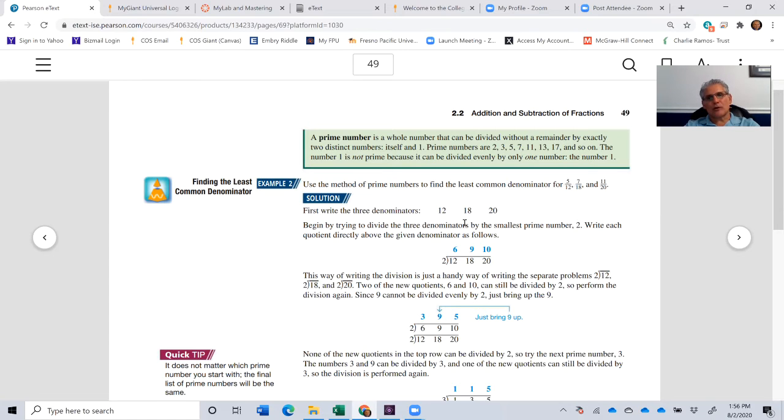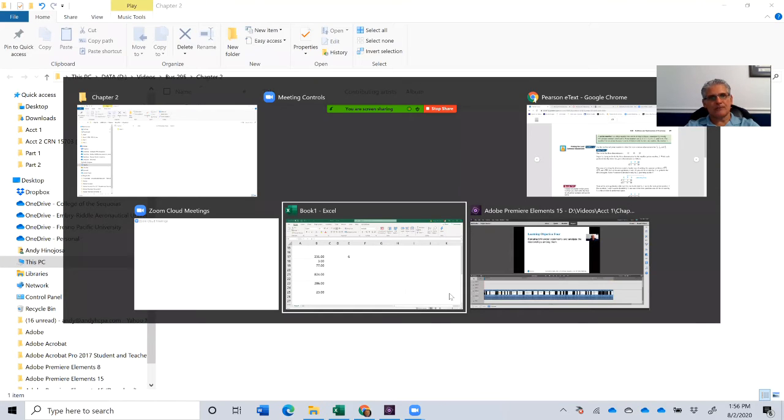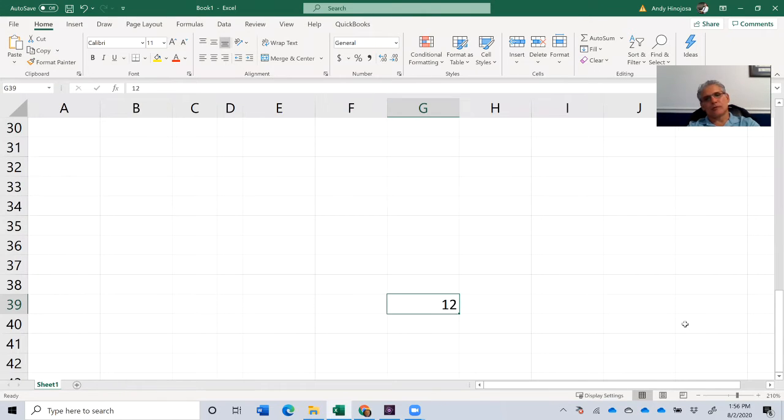Let's put it at the bottom here, 12. So we're going to list 12, 18, and 20 with plenty of room to move up, and you'll be doing this by hand with a pencil and paper.